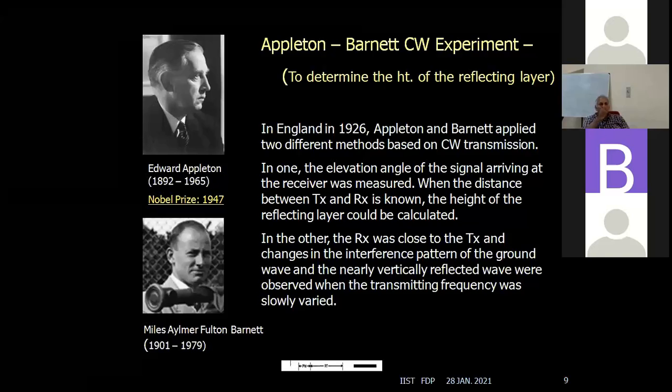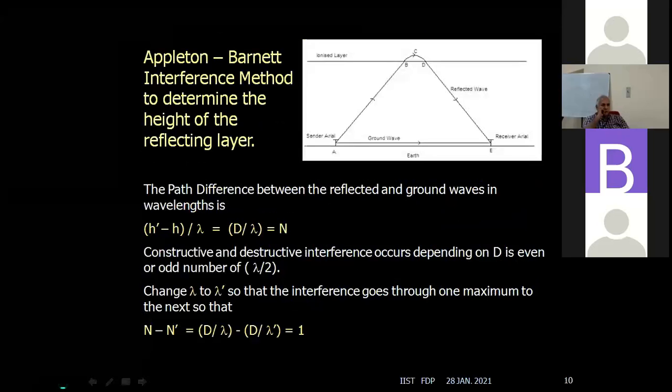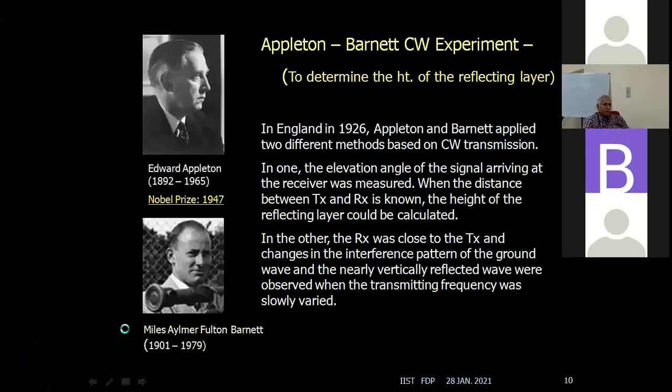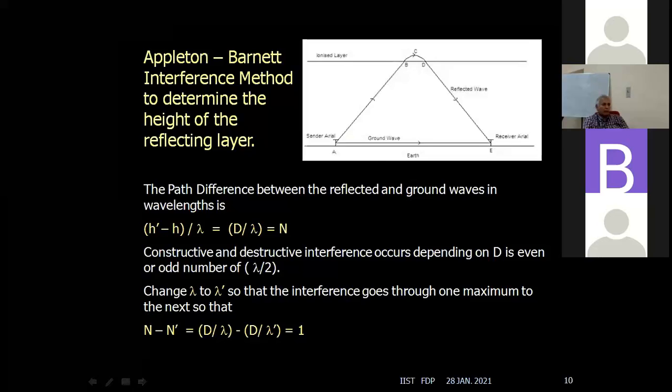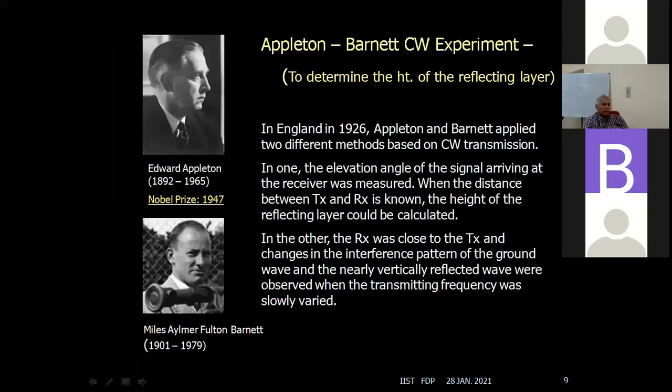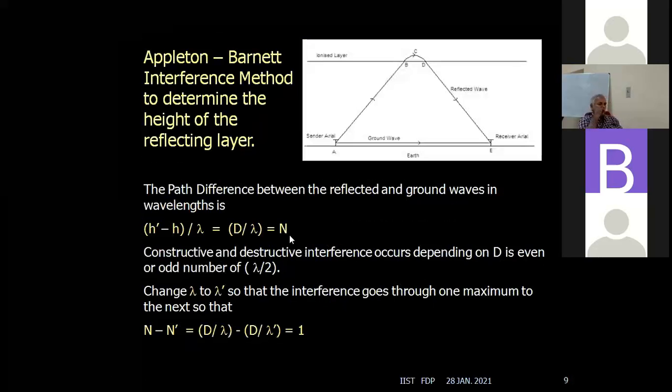This is Edward Appleton, who won the Nobel Prize for his studies on the ionosphere in 1947, and his associate Miles Barnett, who worked in the UK, and they conducted a different kind of experiment. This is the CW experiment, and this is called a bistatic radar.